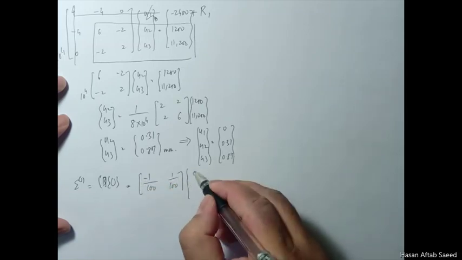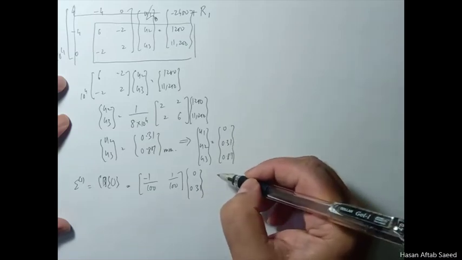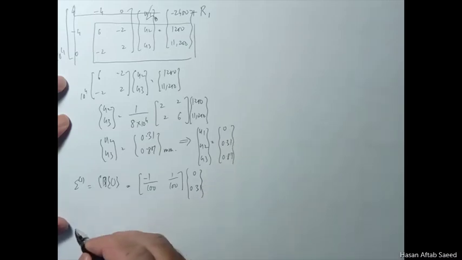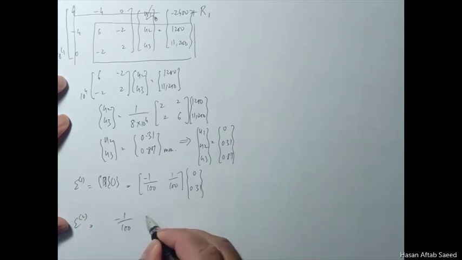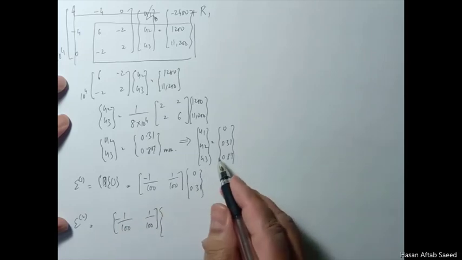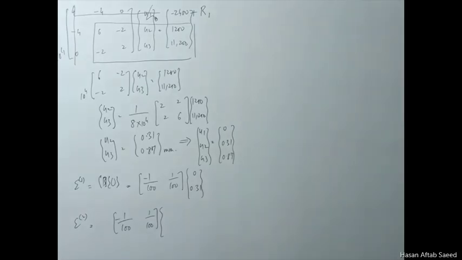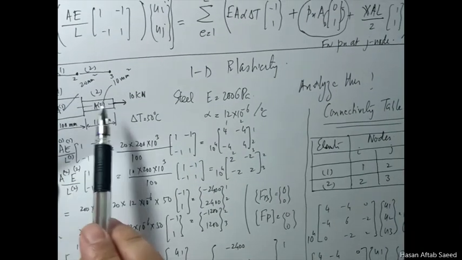For the first element it's simply u1 and u2. For the second element, 1 over L and 1 over L will be the same because both have the same lengths, but for the second element the nodes are 2 and 3.